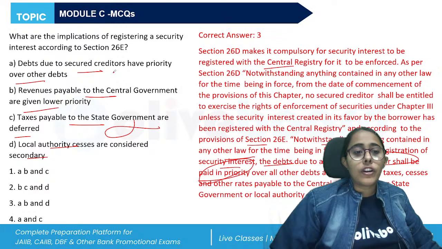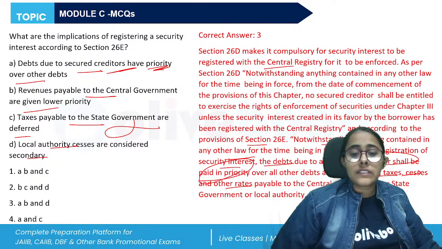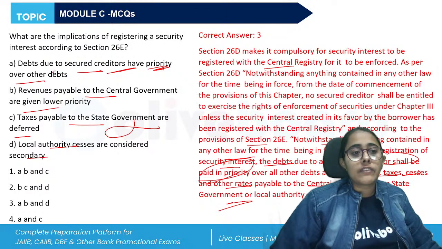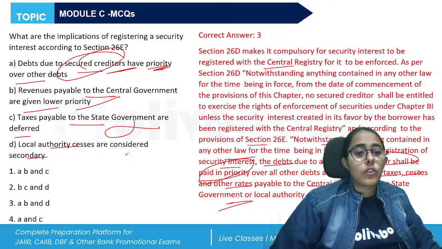So if the secured creditor has made a registration, then they will have the priority over the taxes, cesses, and other rates payable to the central and the state government or the local authority. So first priority will be the secured creditor. Then the central government, local authority, state, they are considered on the second priority. They are given a lower priority. Alright, so the correct answer is A, B and D.